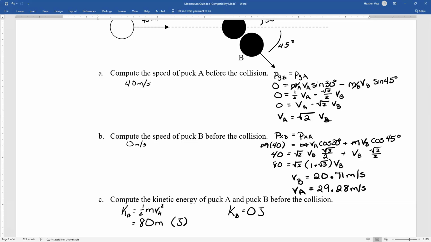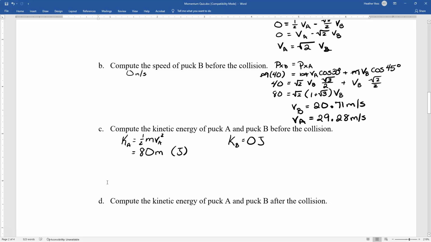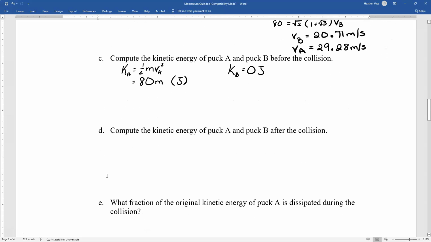Now that I have that piece of information, I can calculate the kinetic energy of puck A and puck B after the collision. So I could do the kinetic energy from A. It's going to be 1/2 mass of A, velocity of A after, squared.